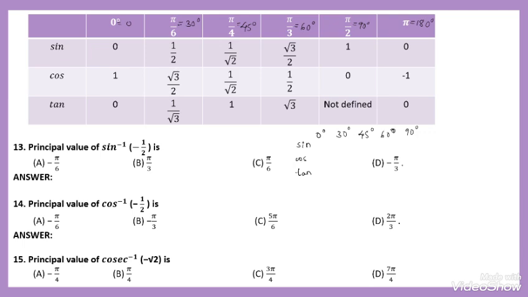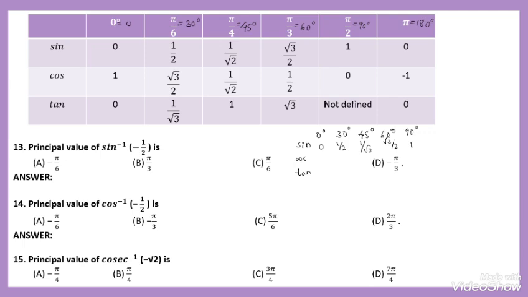Sine 0 degree is 0. Then sine 30 is 1 by 2, sine 45 is 1 by root 2, sine 60 is root 3 by 2, and sine 90 degree is 1.